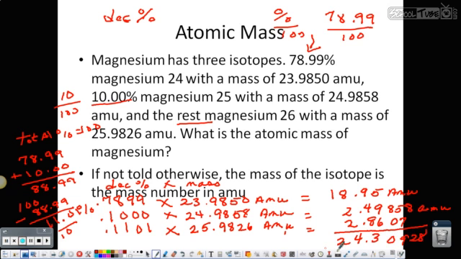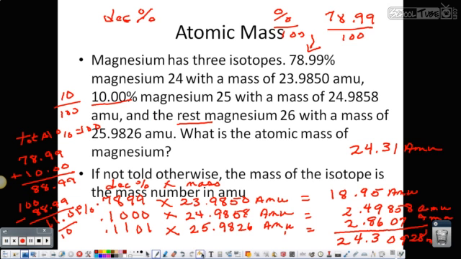Round off to 4 significant figures, so my answer is 24.31 AMU. So AMUs. I can't get that one in back there.